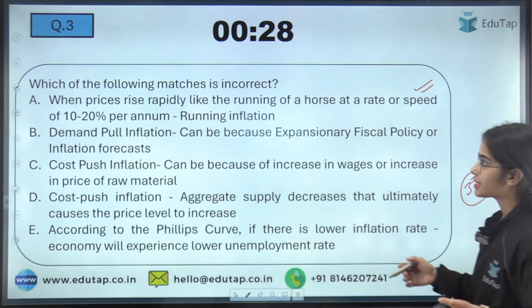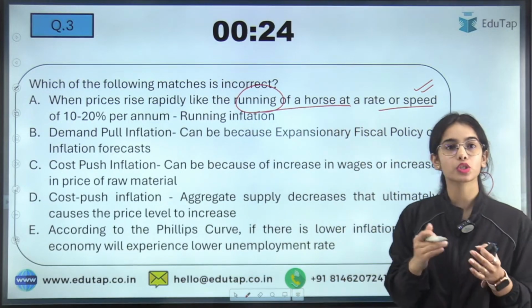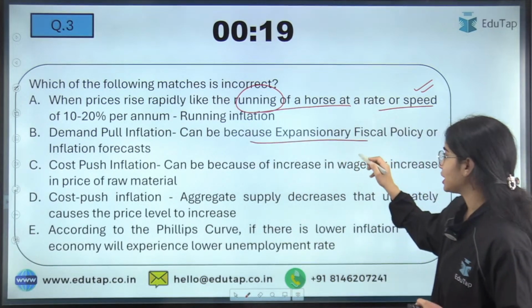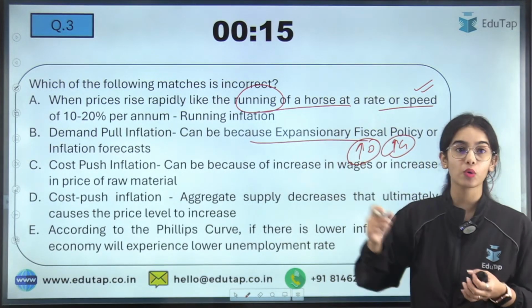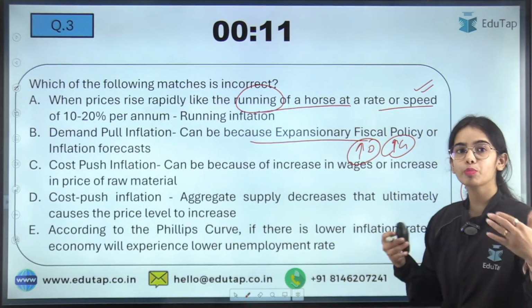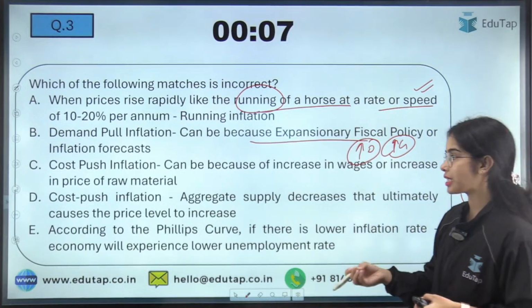When prices are rising rapidly, like a horse running at a rate of 10 to 20%, it is known as running inflation. Demand pull inflation is because of an increase in demand, because of increase in government expenditure, or because of inflation forecasts that inflation can come in the future. So you start demanding more right now, and the more demand right now creates more inflation, or an increase in prices.